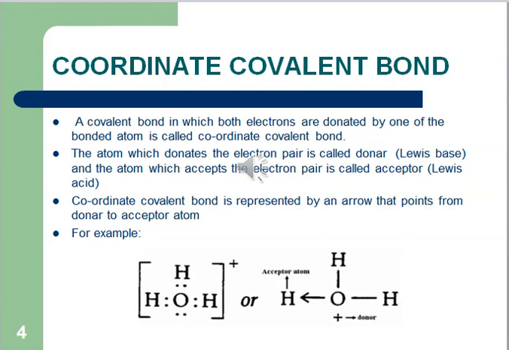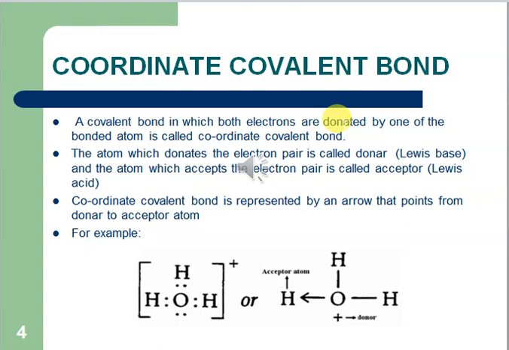If you have to define a coordinate covalent bond, just read carefully. A coordinate covalent bond is basically a covalent bond in which both of the electrons are donated by one of the bonded atoms. So it's not mutual sharing. A covalent bond is one in which the electrons are shared mutually between the two atoms, which means both atoms donate one electron each, while in a coordinate covalent bond, both of the electrons are donated by one atom.